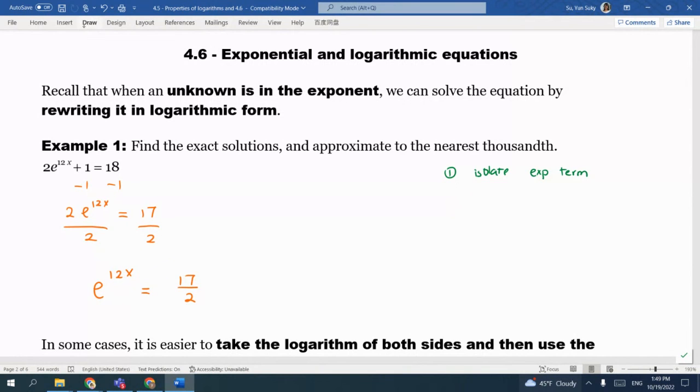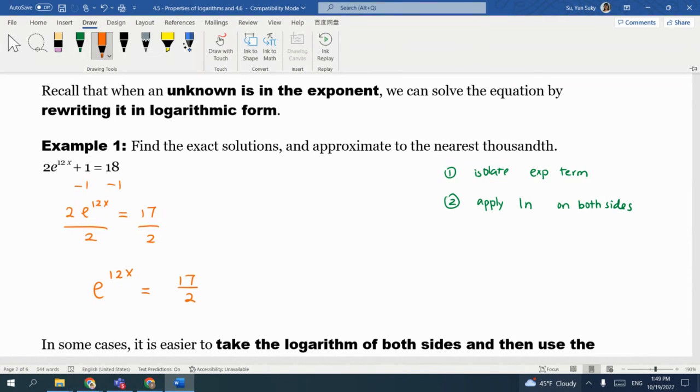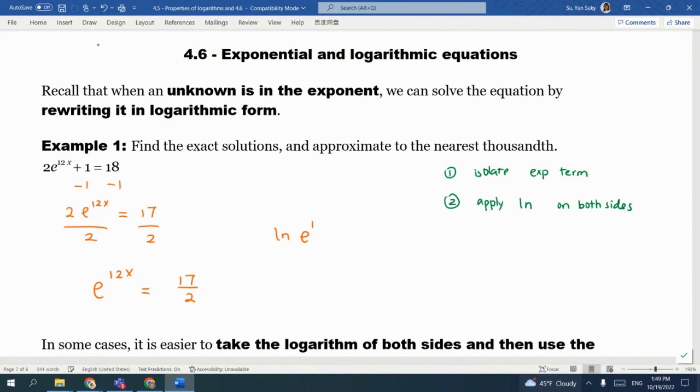Second step, how do we get rid of the exponential term? We apply log on both sides. When we apply ln on both sides, we get ln e to the 12x equals ln of 17 over 2.